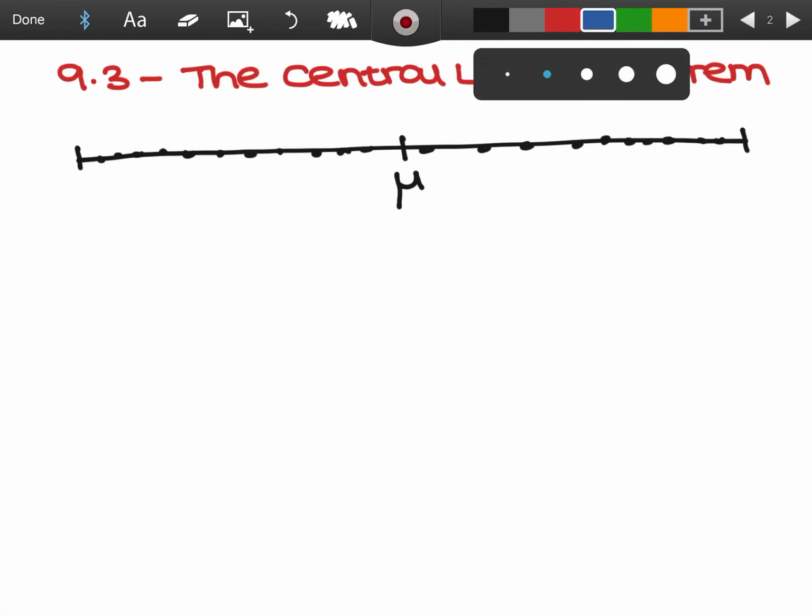Now what I'm going to do is I'm going to say, okay, let's take a representative sample of all of these data points. So you've got all of your population data points, but I'm now going to take a sample of them. Let's say here, here. Okay, let's take, I don't know, 5 of them. Okay.